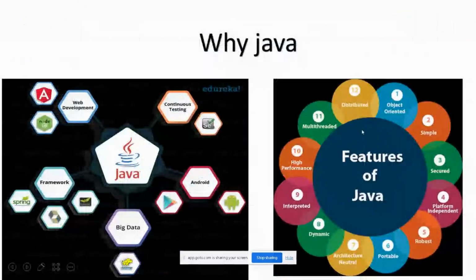Okay, so here comes the question: why Java? As I was telling, there are many booming languages coming up. You have heard about Python, which is very good for machine learning or artificial intelligence, and you have Ruby and many other languages.